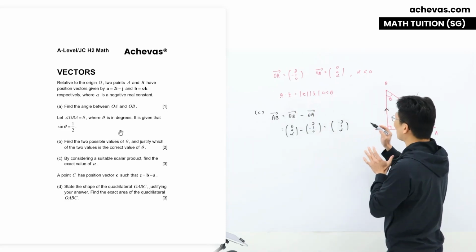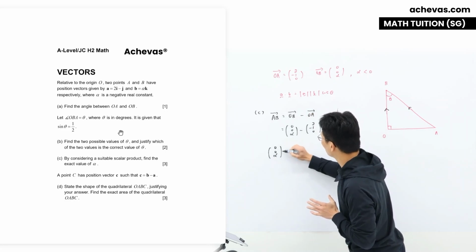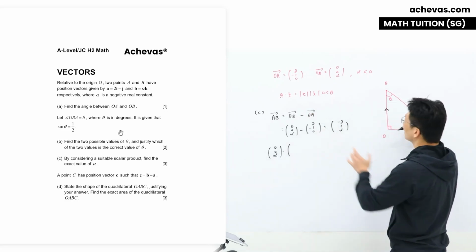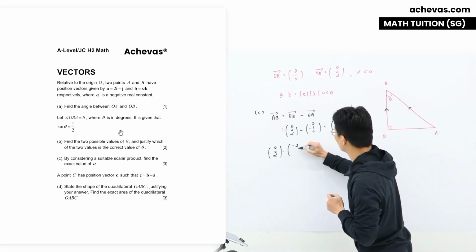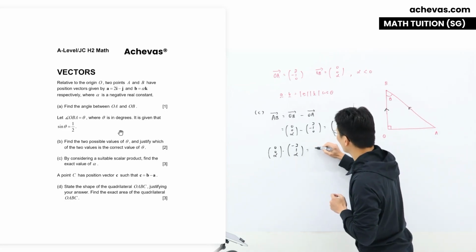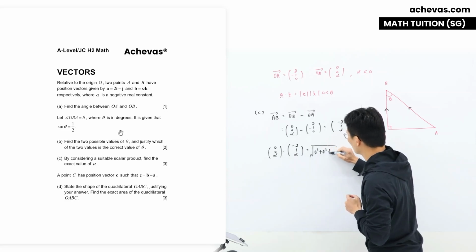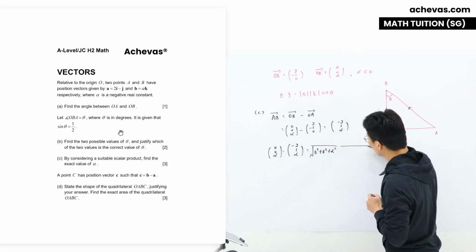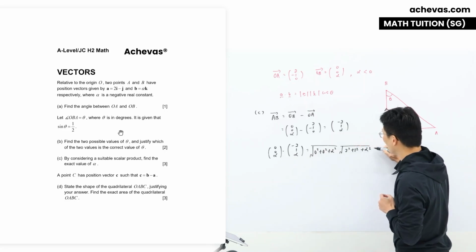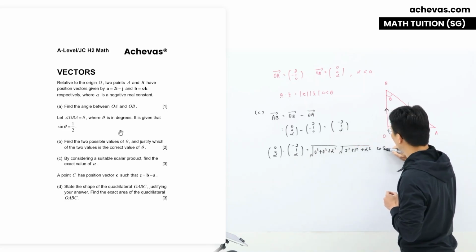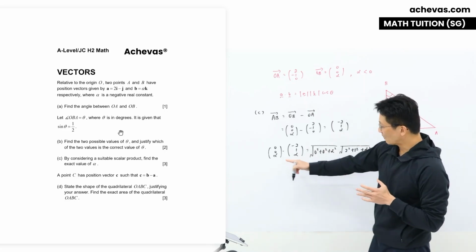My A will be OB, which is (0, 0, alpha), dot with my B, which is AB, given to be (minus 2, 1, alpha). This equals the square root of 0 squared plus 0 squared plus alpha squared, times the square root of 2 squared plus 1 squared plus alpha squared, and the angle will be cosine 30 degrees. Let's evaluate this.